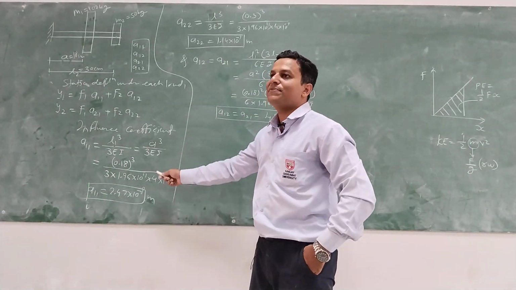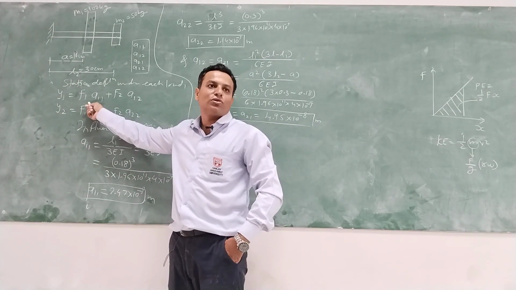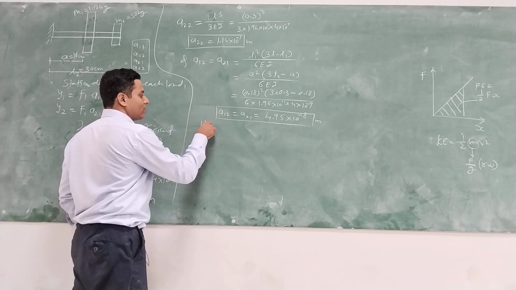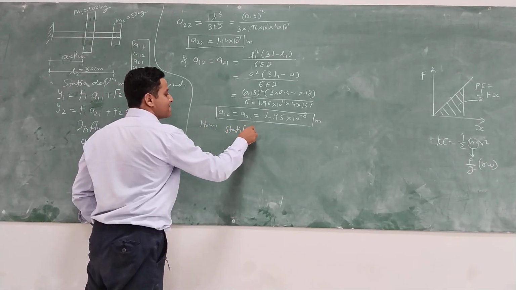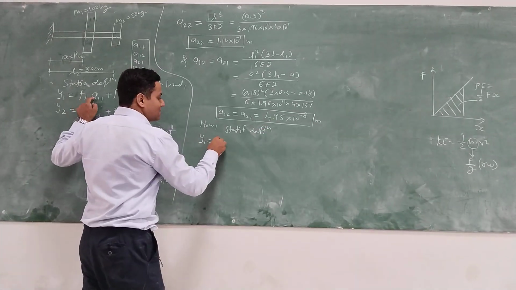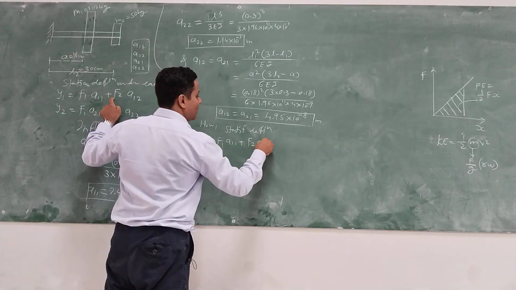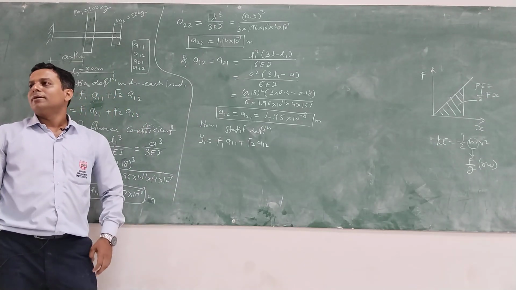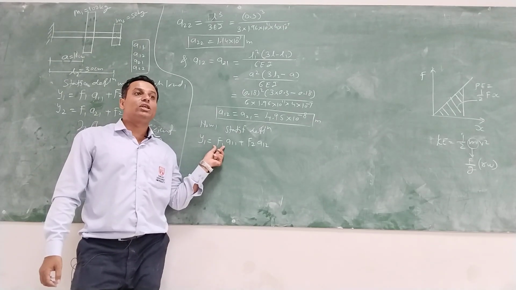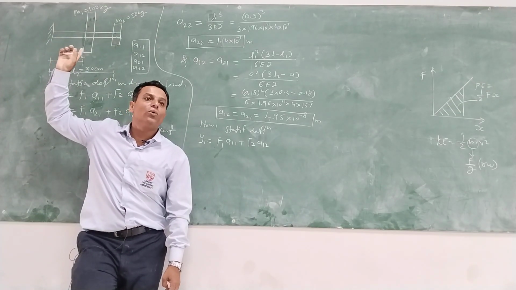Now we can put all these values to determine the static deflection under each load. So we'll have to determine Y1 and Y2. Static deflection under each load, Y1 will be equal to, the formula is F1 A11 plus F2 A12. Pay attention, children, this force will be required in Newton. They have provided kg, so convert that into Newton.